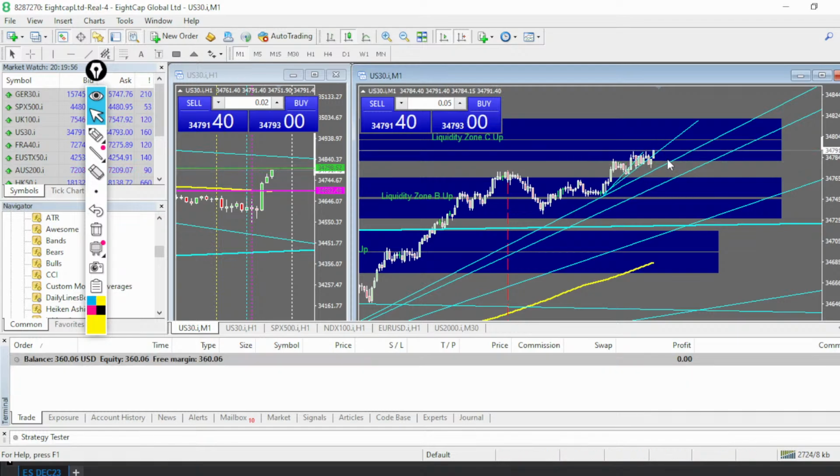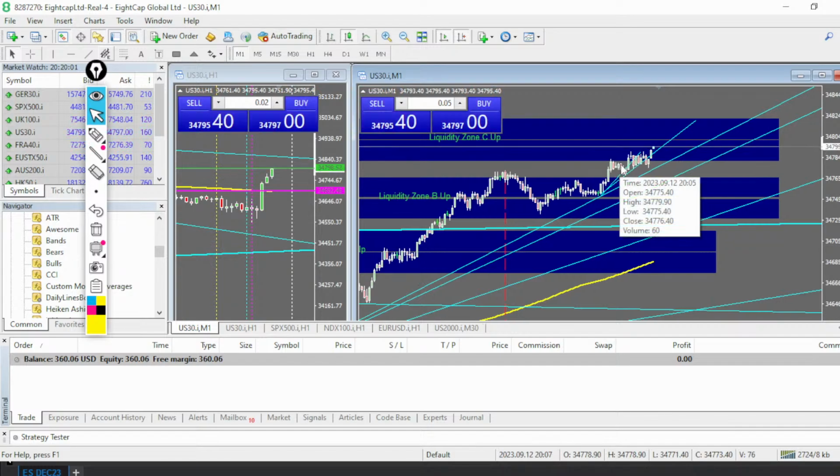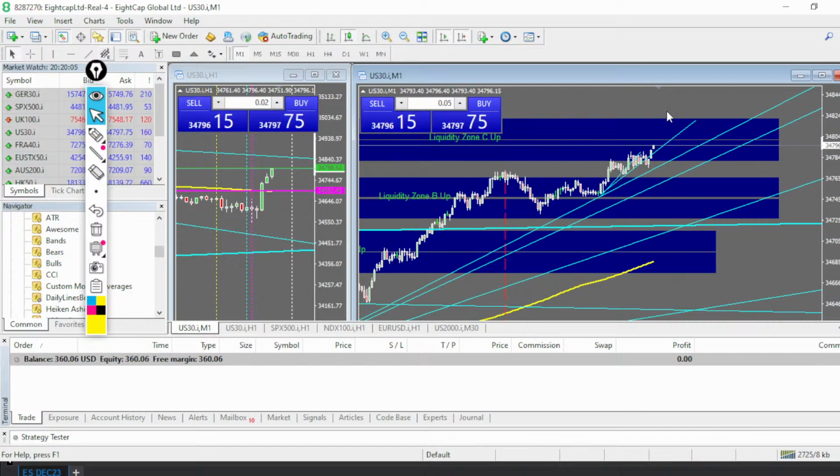Got stopped out on that one. I'm still not going to go long yet. I know it wants to go up, but I'm not going to go long yet. Though this would have been a lovely entry to go long. I'm not going to go long just yet.